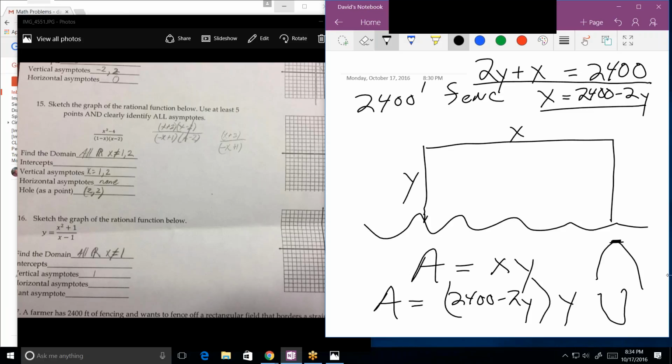In other words, if I graph this quadratic, let's say it graphs like that, this is the area and this is y. Sorry to confuse you by making the horizontal axis y, but whatever the independent variable is, that's your horizontal axis.